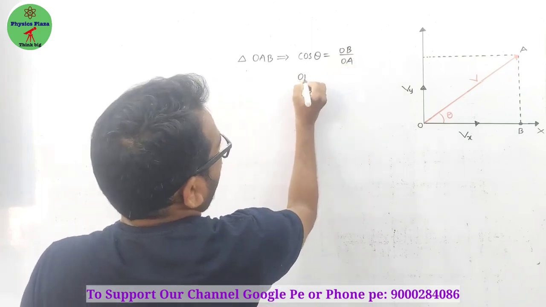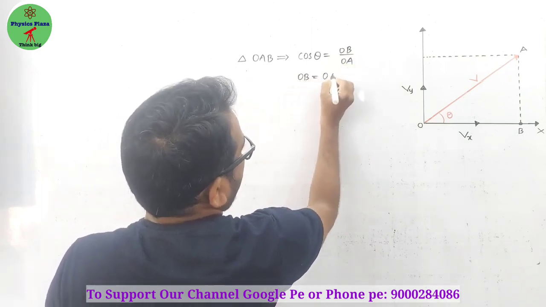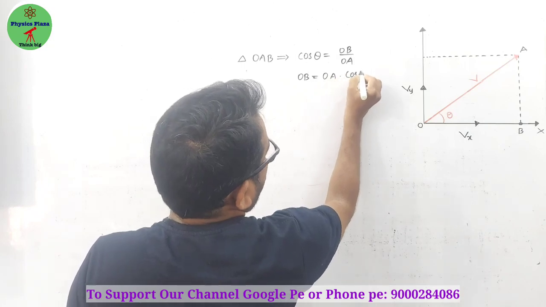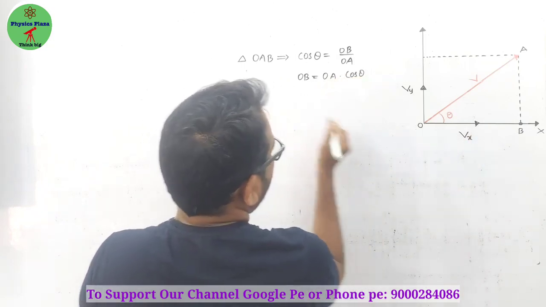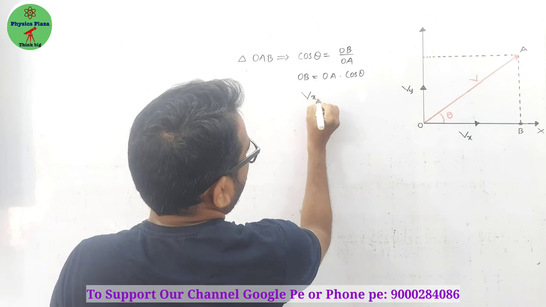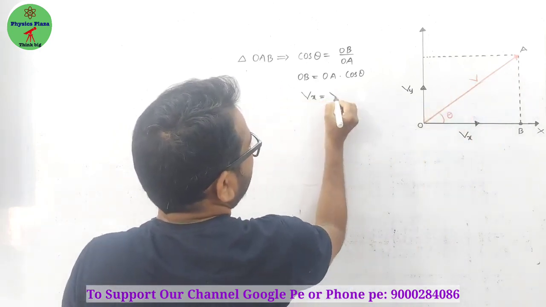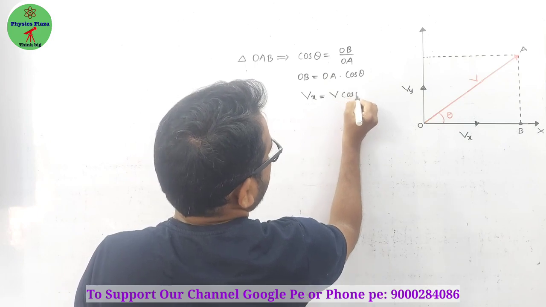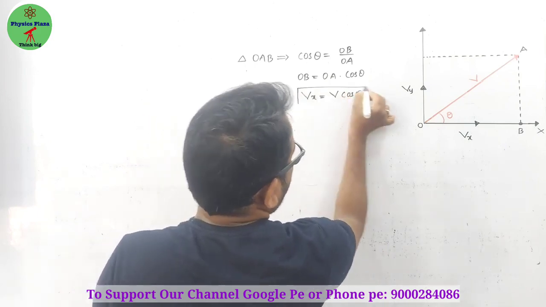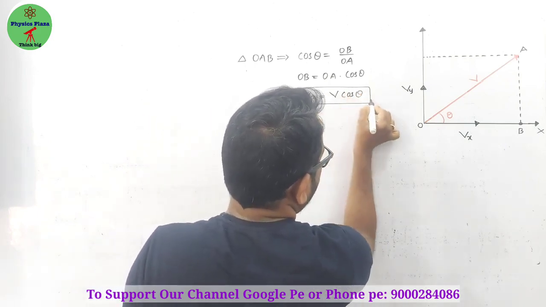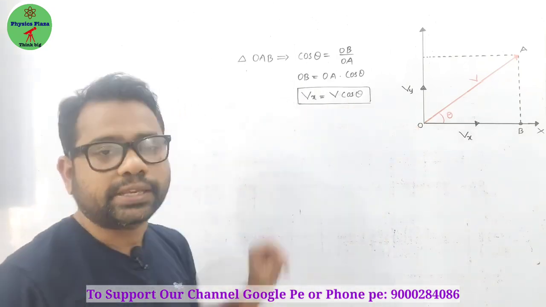So OB is equal to OA into cos theta. OB is Vx. OA is the magnitude of this velocity, that is V, and here is cos theta. So this is how we can calculate the horizontal component of this velocity in this particular case.